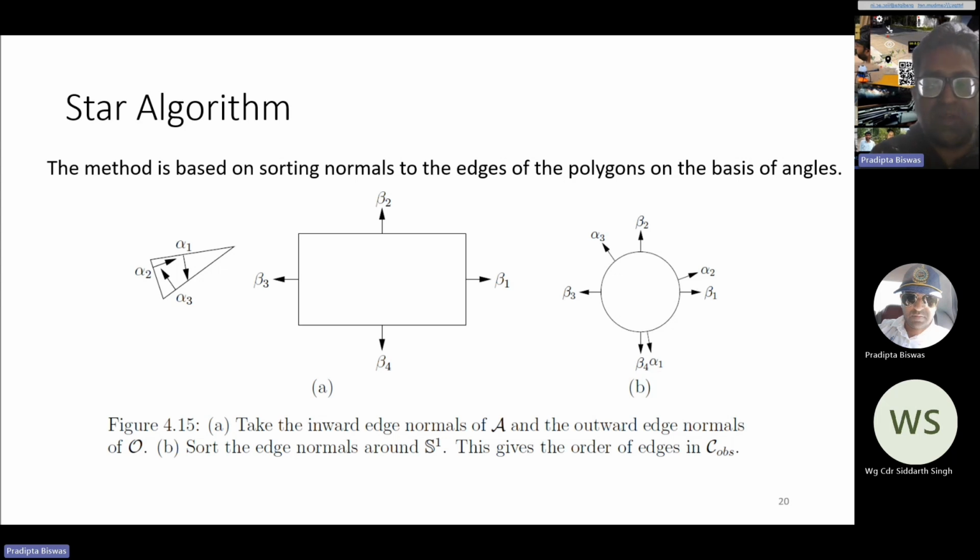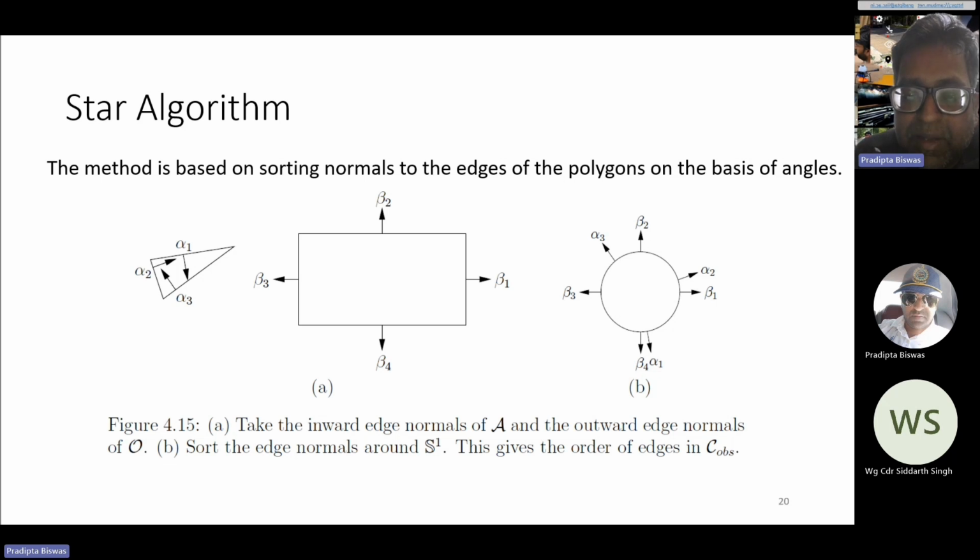Again, I am using the notation from Steven LaValle's book, chapter 4. We take the example of this triangular robot, and we also assume that this robot is not rotating. In practical life, maybe the robot will rotate and we will have a higher order configuration space than the 2D plane that I am showing on the slides. But just to explain, we will make this restriction.